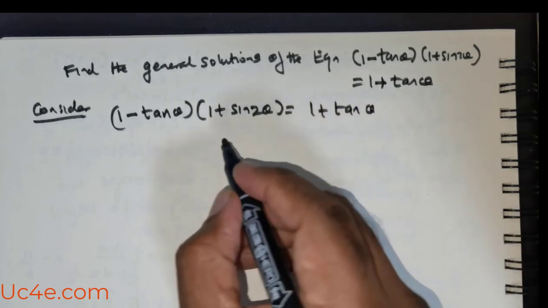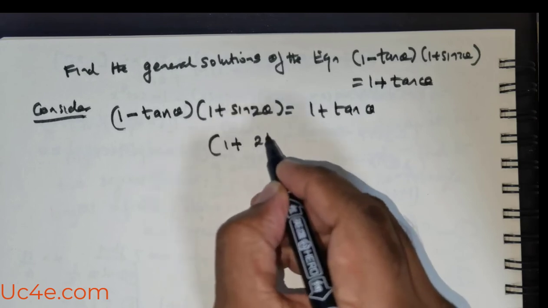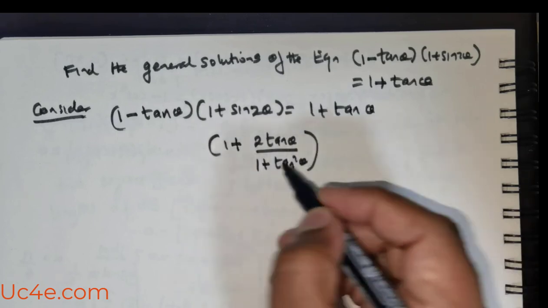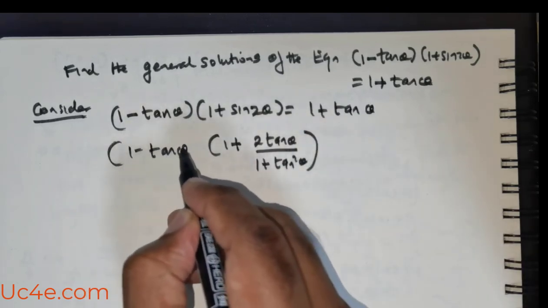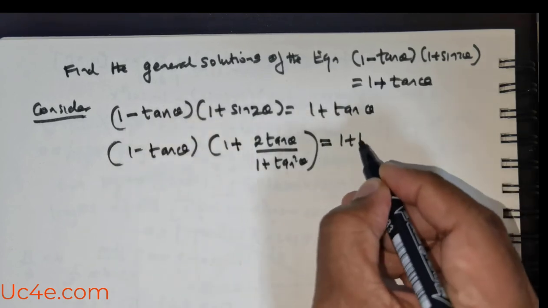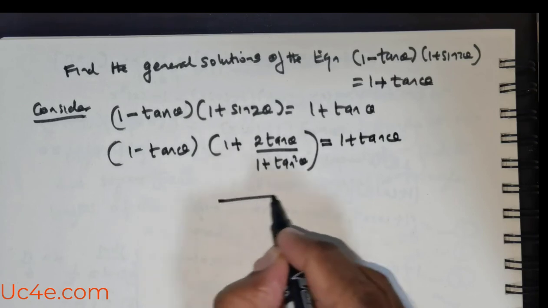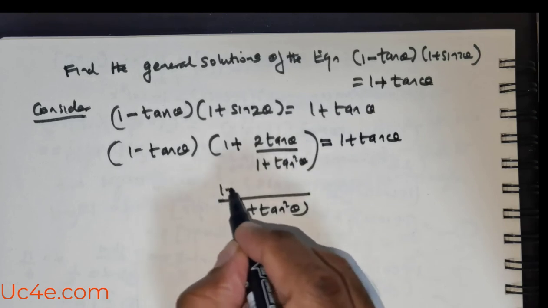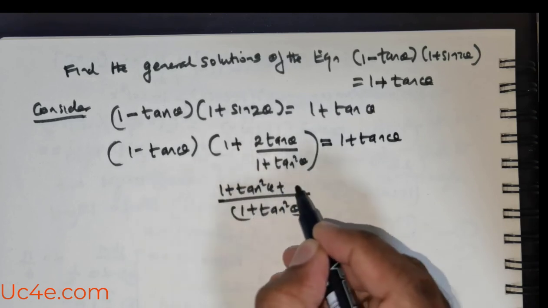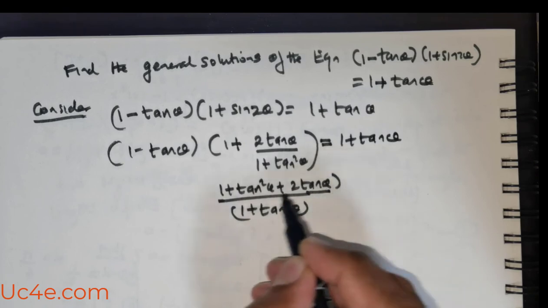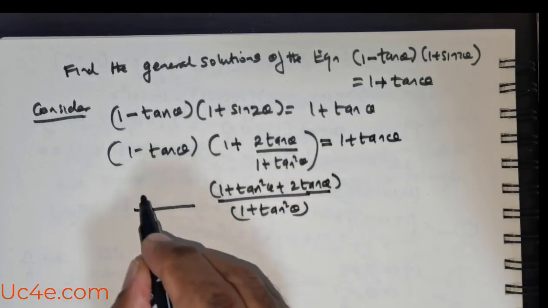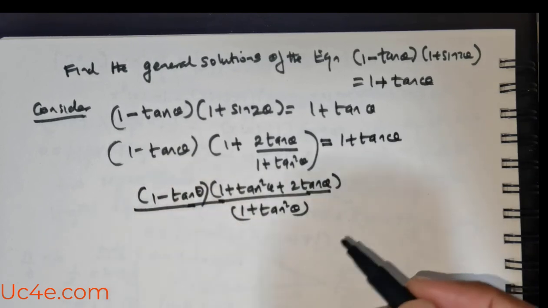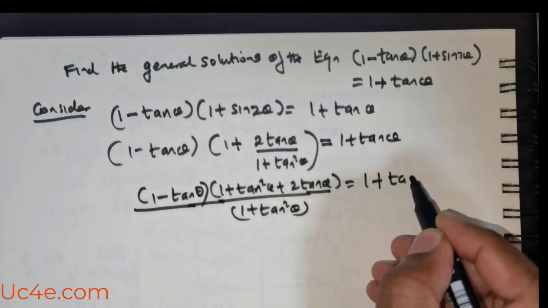Now we know a formula for sine 2 theta, which is 2 tan theta divided by 1 + tan squared theta, right? This is multiplied with 1 - tan theta, equal to 1 + tan theta. If I were to take the LCM as 1 + tan squared theta, this would give me (1 + tan squared theta + 2 tan theta) times (1 - tan theta), which is equal to 1 + tan theta.